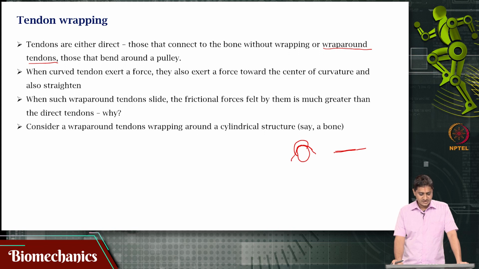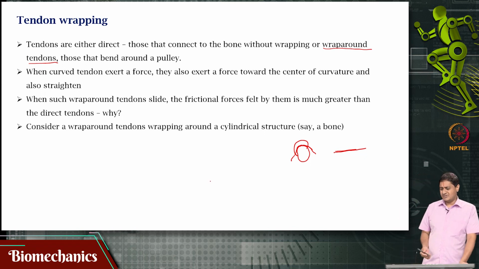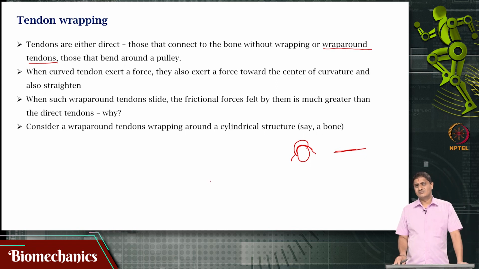Now, let us consider wraparound tendons that wrap around a cylindrical structure. Remember we discussed the case of the pulley, and the purpose of pulleys and wrapping around. One example that immediately comes to my mind is the patella.